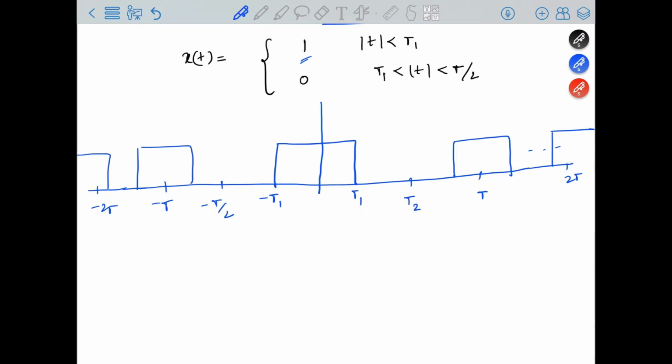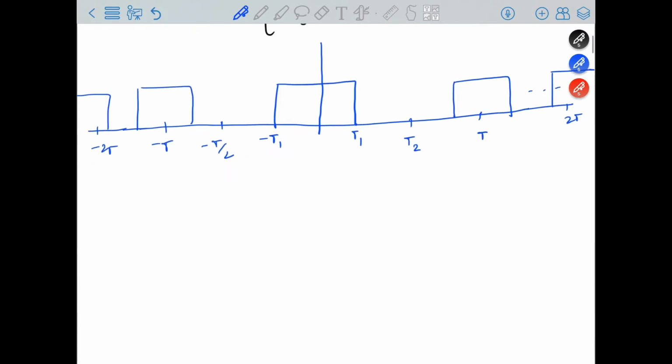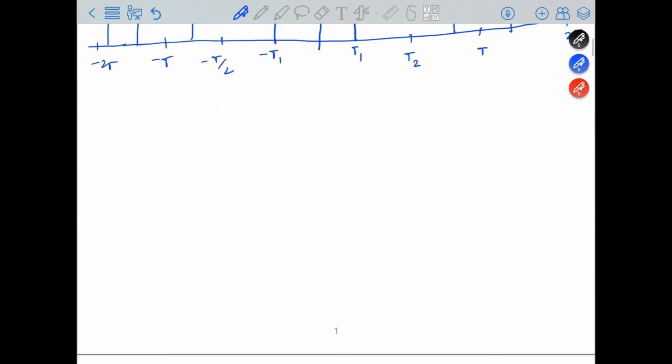We have the formula to get the coefficients of any periodic signal. We have a_k equals 1 upon T times the integral over the period T of x(t) e raised to the power minus jk omega naught t dt. Now we will first get the coefficient a naught.